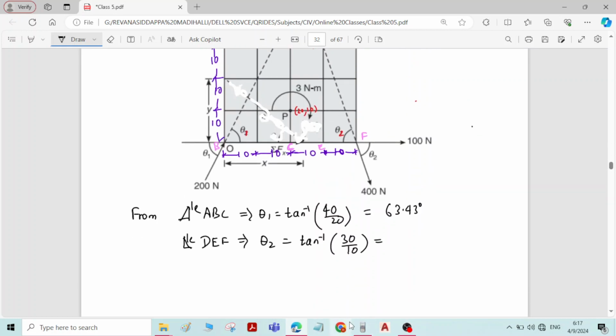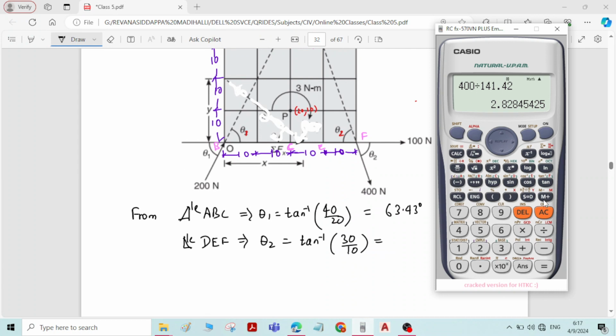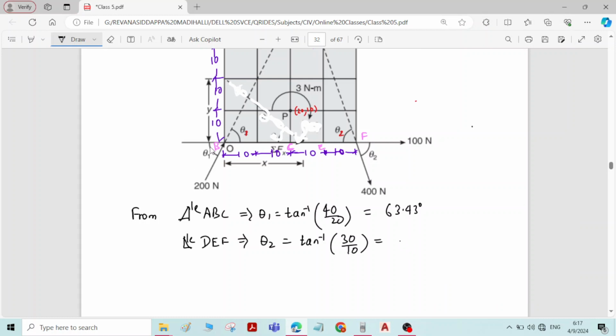Let me calculate it. Shift tan of 30 by 10. It is 71.56 degrees. Now you got the angles.